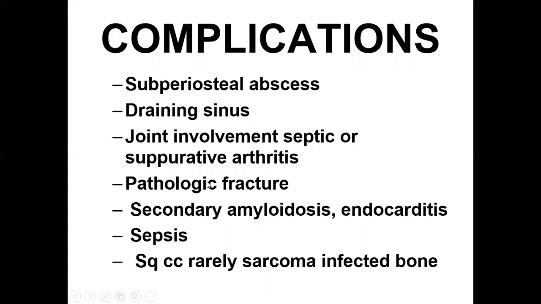And bone may be fractured, that is pathologic fracture. Secondary amyloidosis, or infection may spread to involve the valves of the heart, that is endocarditis. And rarely squamous cell carcinoma and sarcoma may develop in the infected bone.